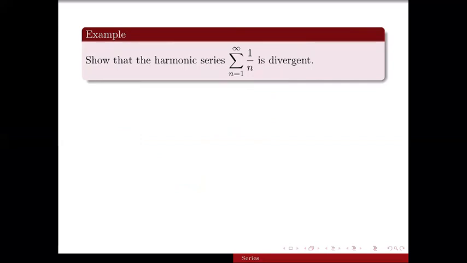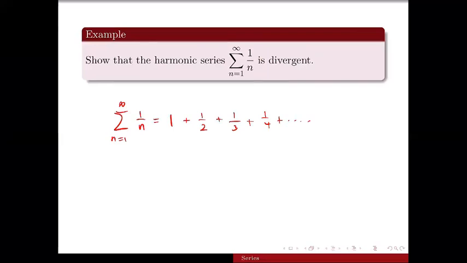The harmonic series, 1 over n, n from 1 up to plus infinity, is 1 plus 1 half plus 1 third plus 1 fourth plus etc. So we want to show that this is divergent.